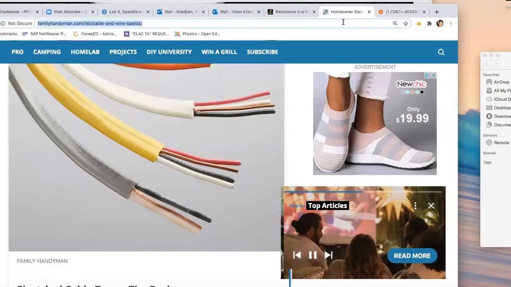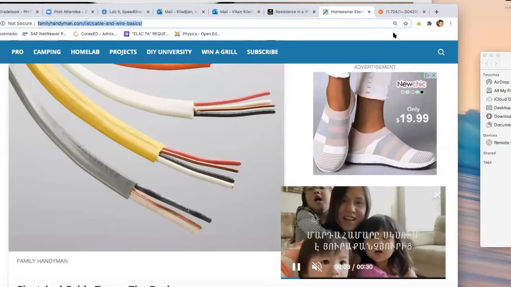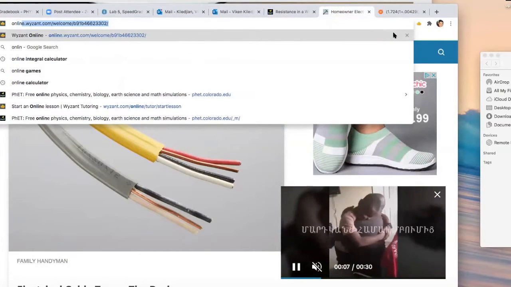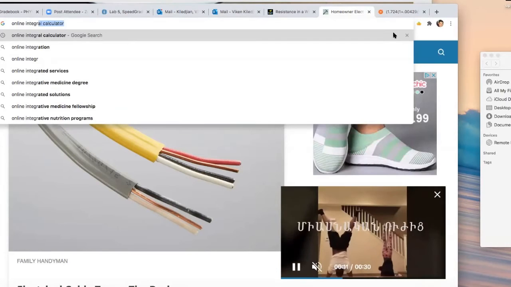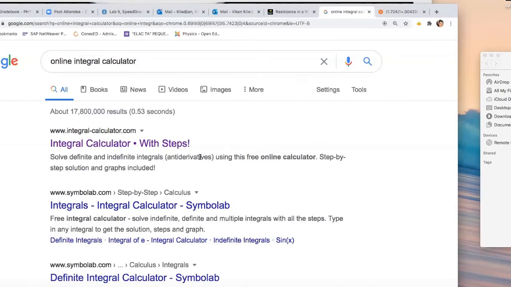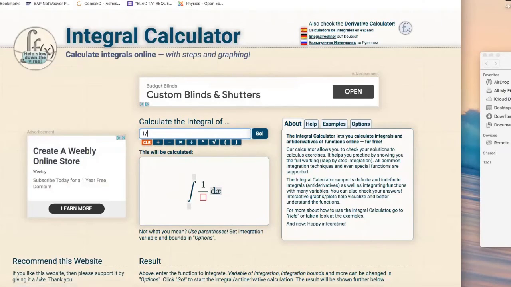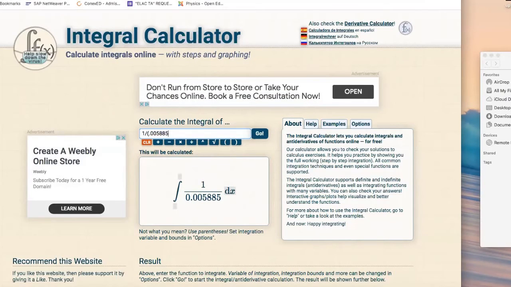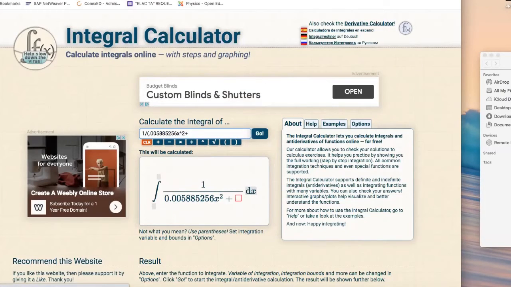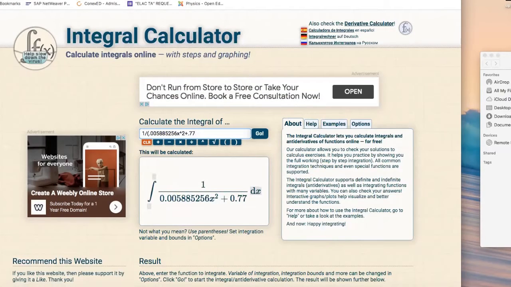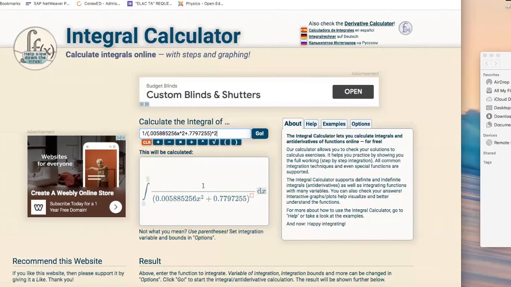Okay, now we go to one divided by 0.005885256 x squared plus 0.7797255, squared.